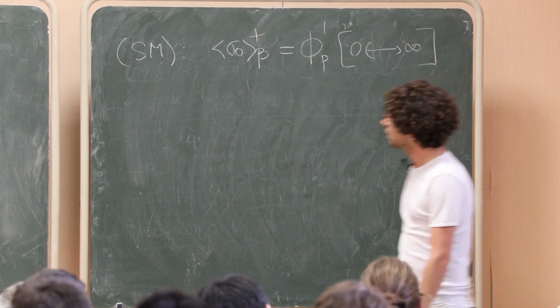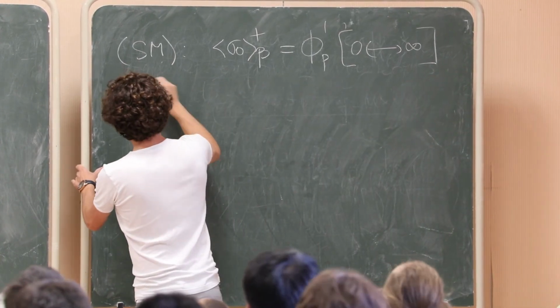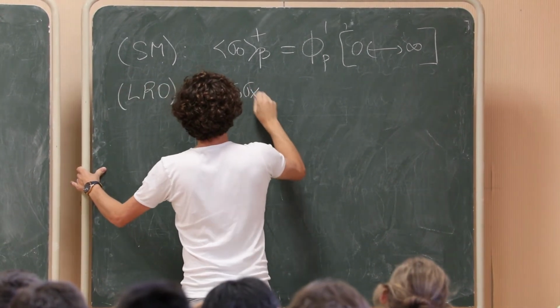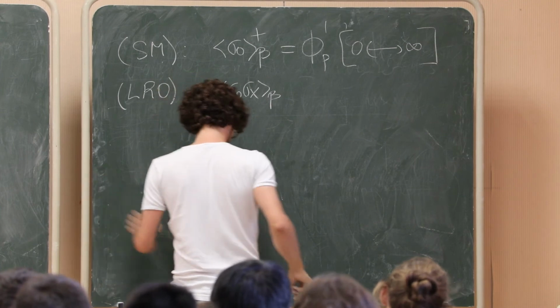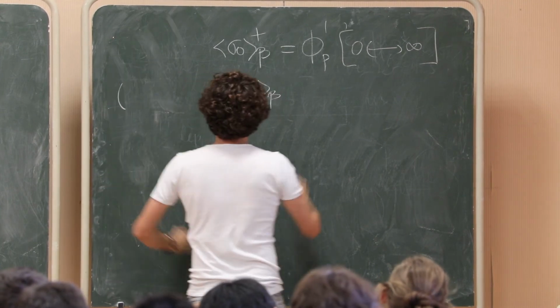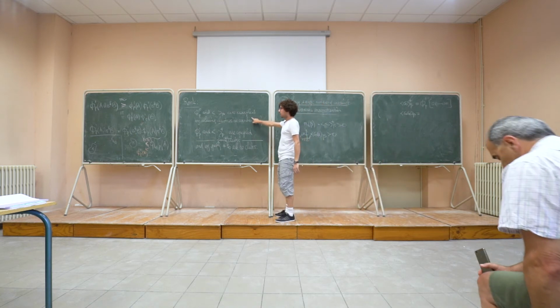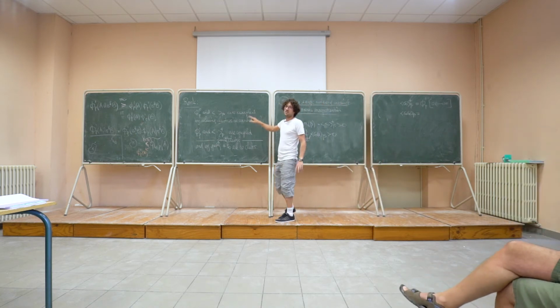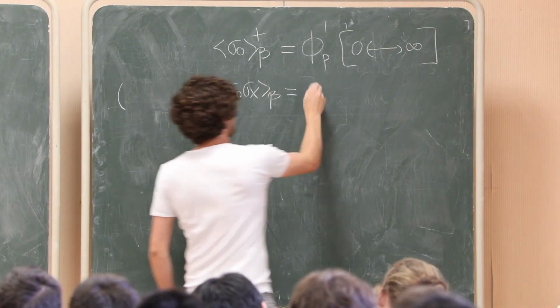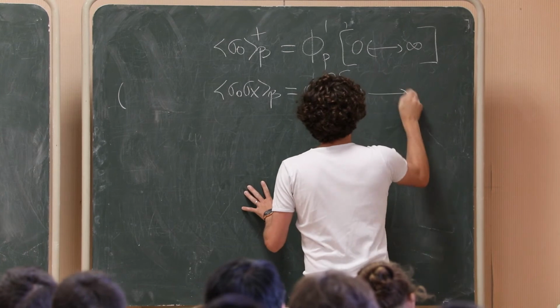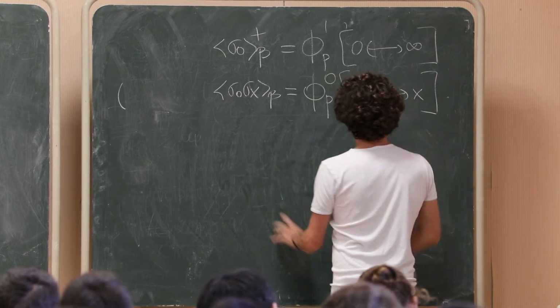The long-range ordering, well, the average of sigma 0 sigma x at beta. If I go back to this, 0 and x need to be in the same cluster. So phi 0p of 0 connected to x.